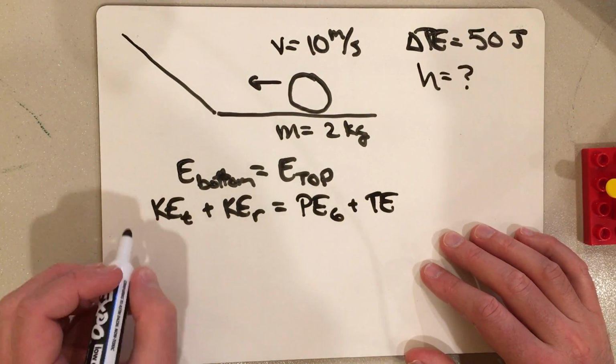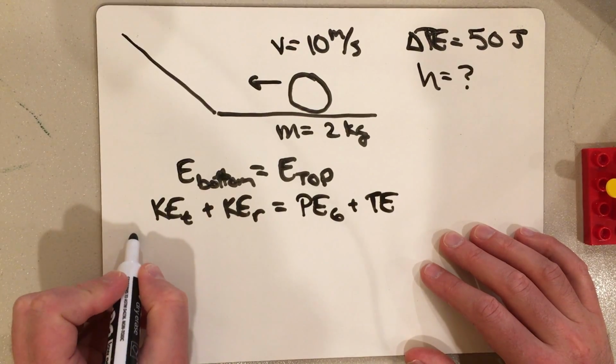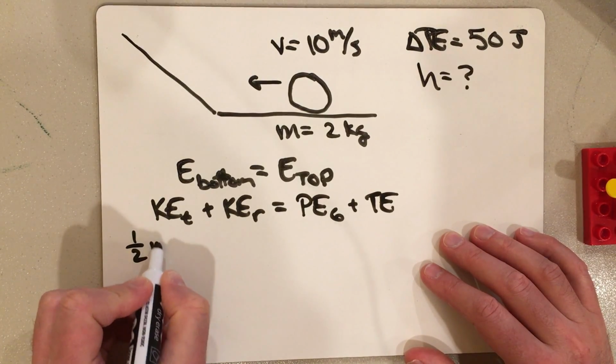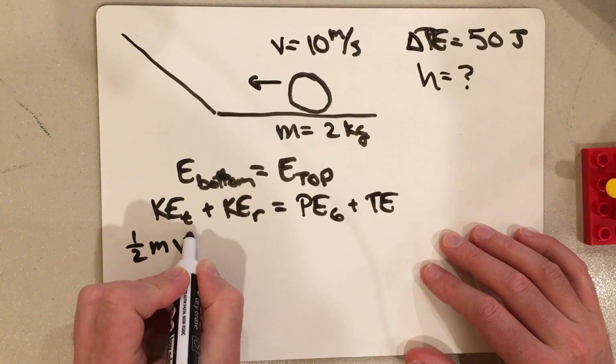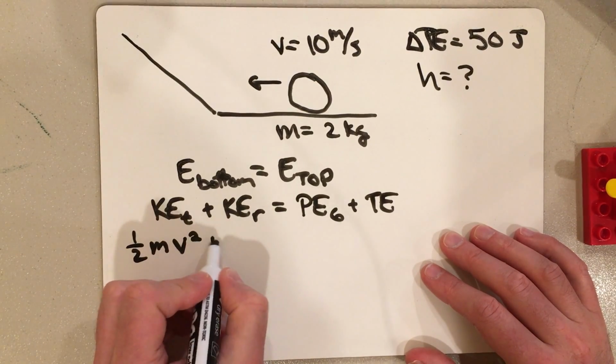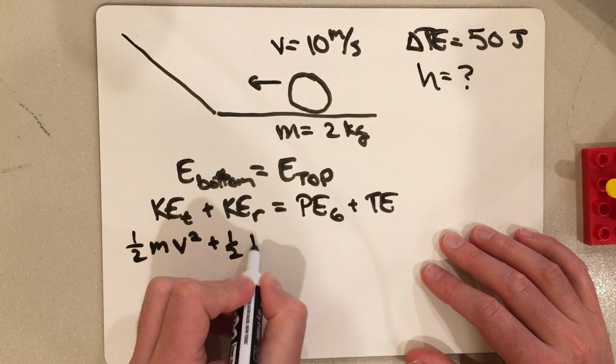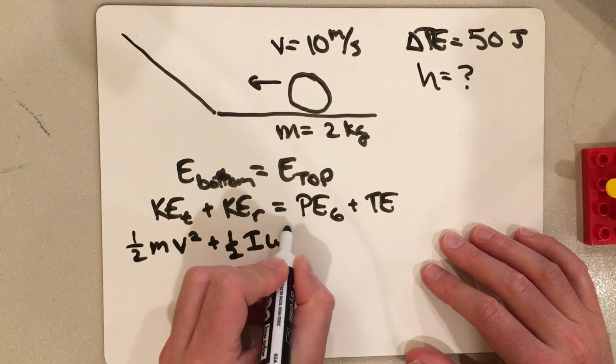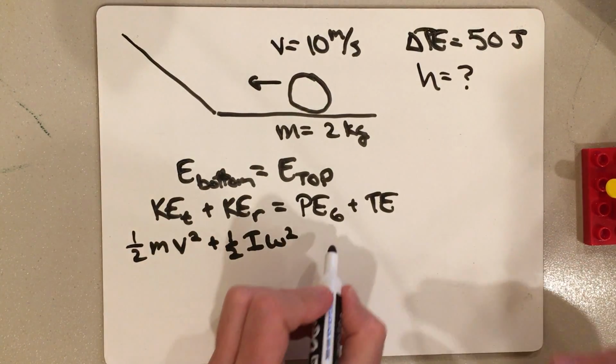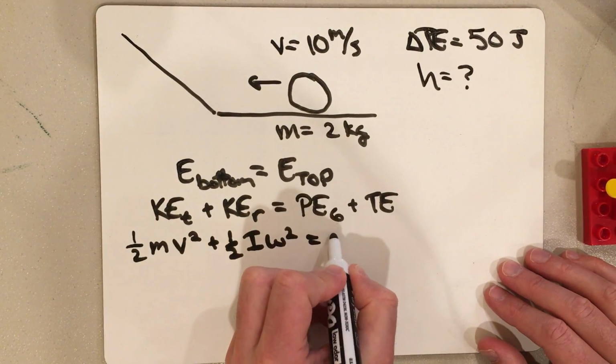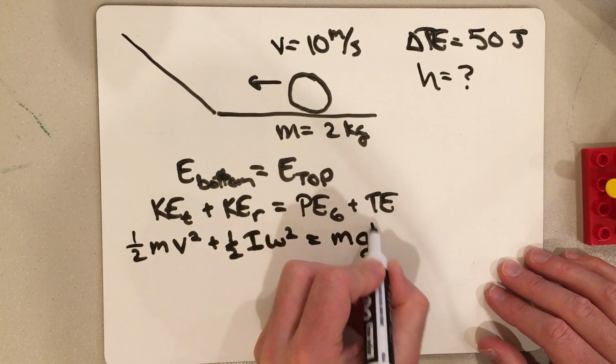Now here, our formula for translational kinetic energy is 1/2 m v squared. Rotational is 1/2 I omega squared. Gravitational potential energy is mgh.